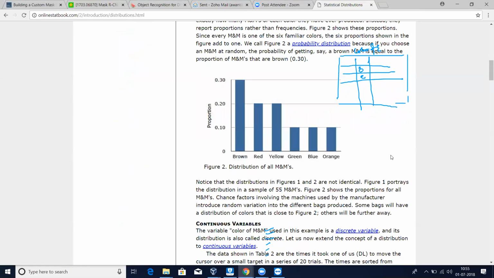Correct. 20, 20, 30, 50, 70, and then 30, 100.